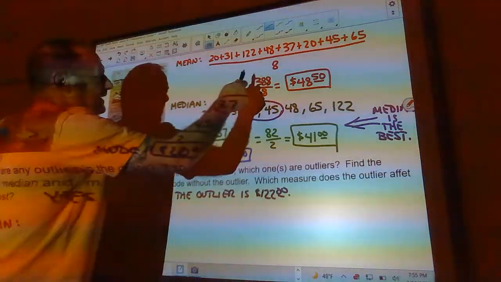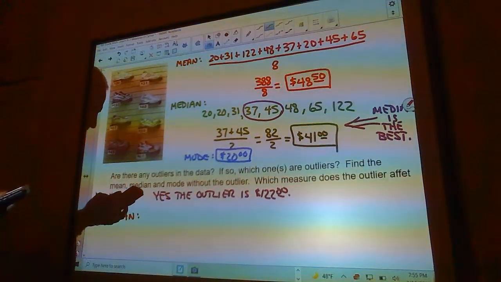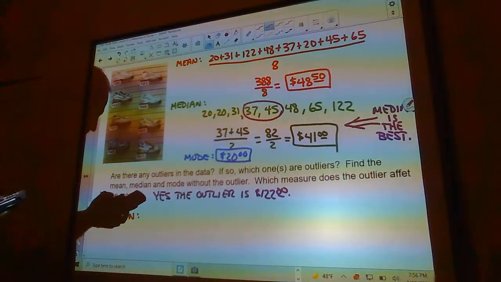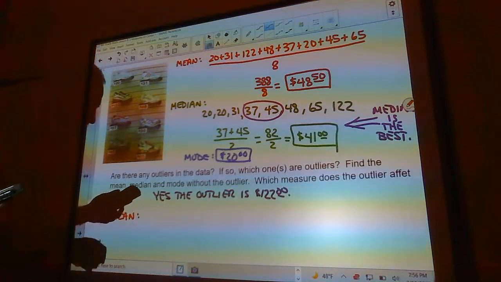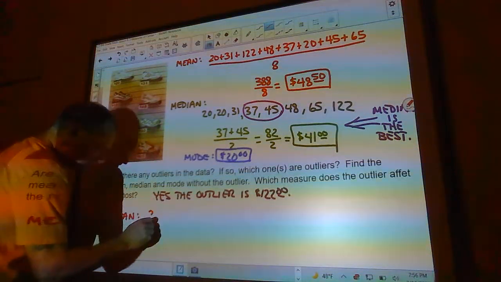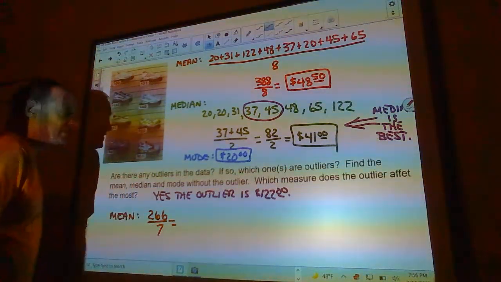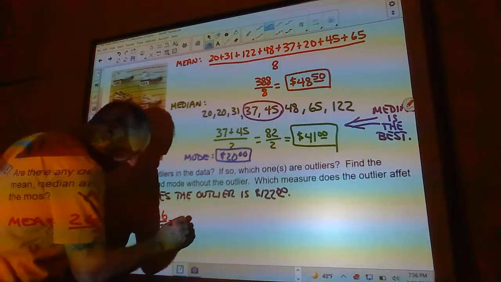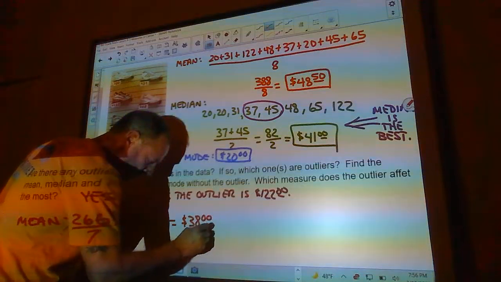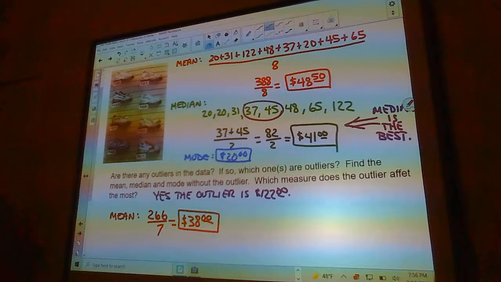It was 388 with all of them, but if I just take out the 122, 388 minus 122, that'd be 266. So I'm going to divide that by 7 this time because there's only 7 data pieces. So divided by 7, this comes out to be $38. So my mean now, without the outlier, is $38.